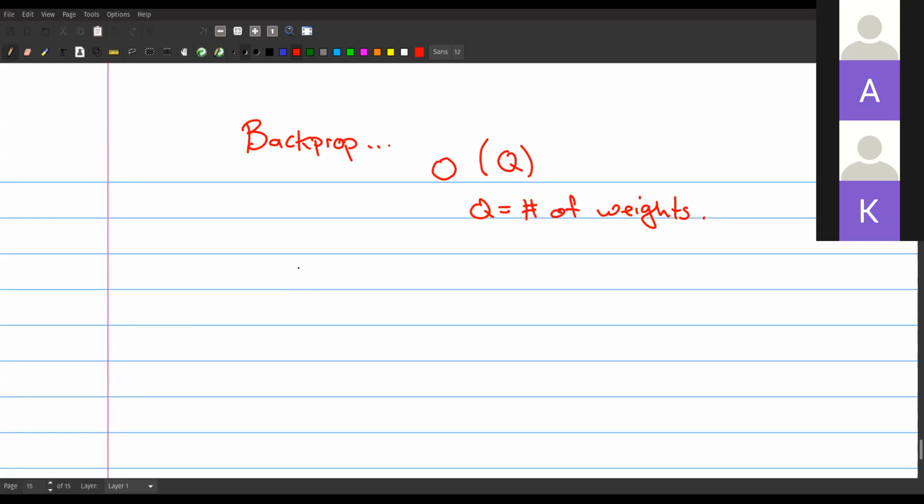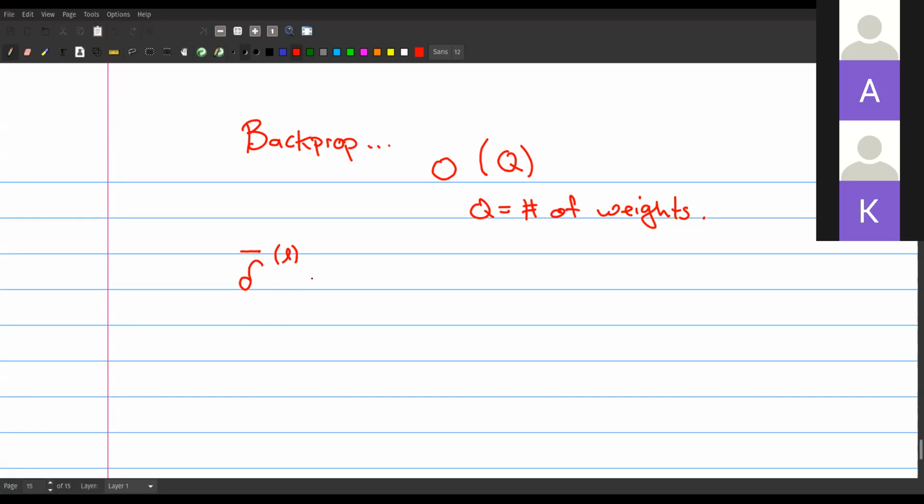Okay, so the key insight that makes this whole thing possible is something called the sensitivity vector, which is denoted by delta. It's a vector, so I put a bar on top. Each layer has a sensitivity vector.